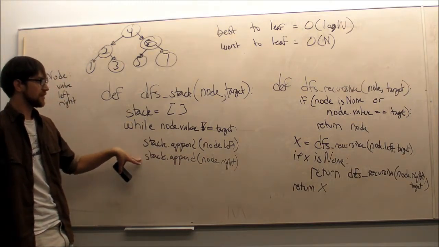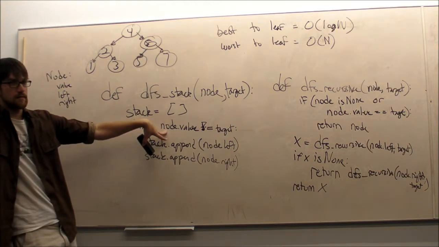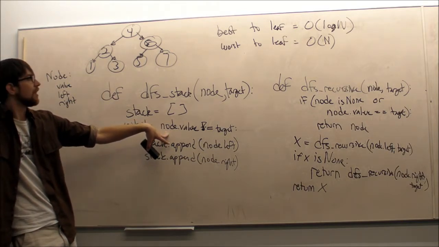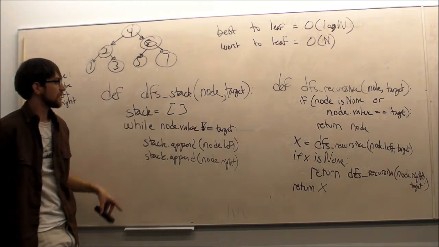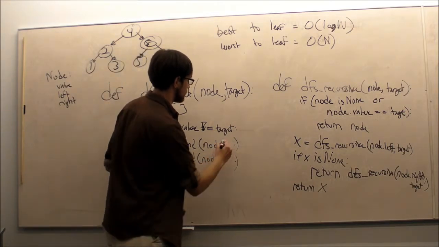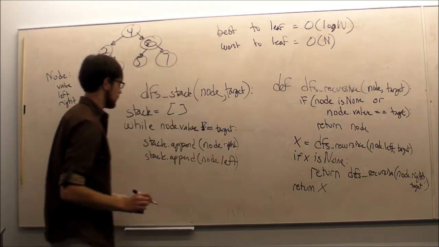And so once we've added values to the stack, how do we change the value of the node? What would our stack look like? I'm actually going to change these to make it more intuitive. Node equals node left or node right.